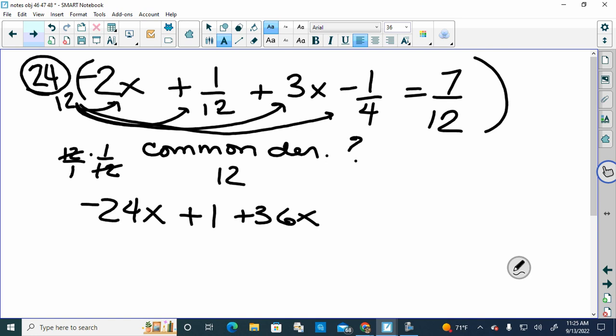So 3 times what's left would be a negative 3. And you don't need to write this, just so you understand it: if I go 12 over 1 times the negative 1/4, the 4 goes into the 12 3 times. So 3 times negative 1 is a negative 3. You can start getting in the habit of just knowing that this divides into that, distribute that.